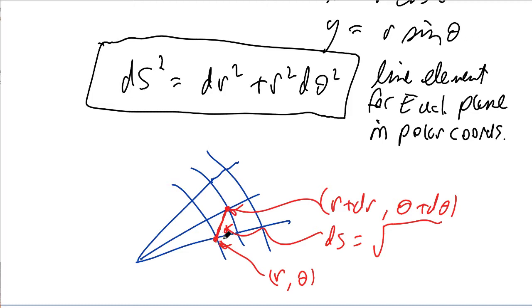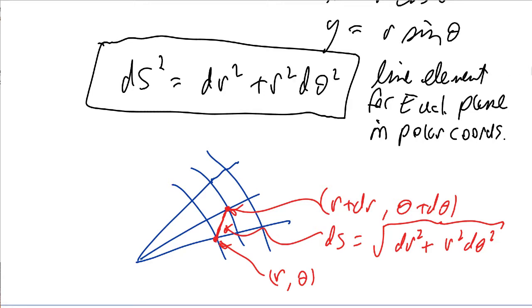So this distance right here is dr, that's dr squared, and this distance is r d theta. So if we square that, that's r squared d theta squared. Okay, so now square both sides and you have this as the line element in polar coordinates.